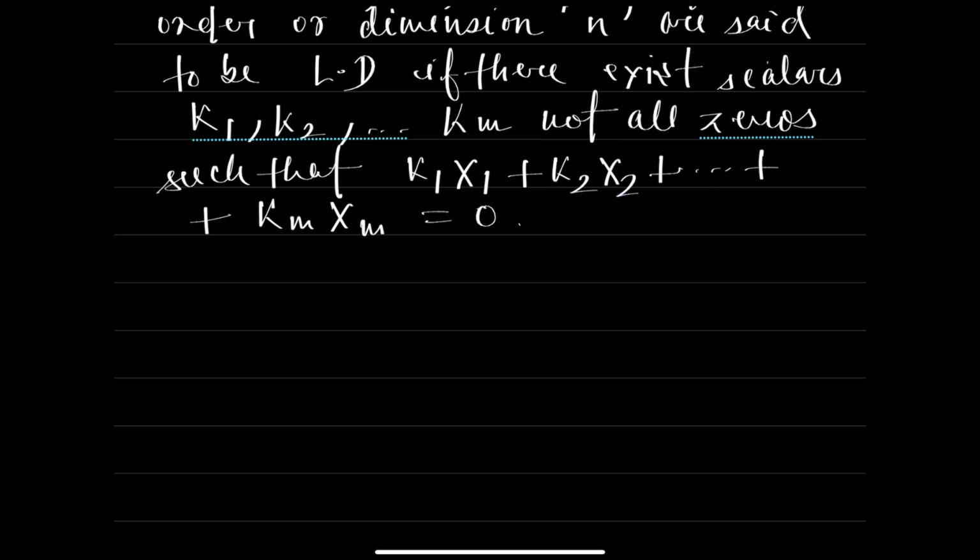In this problem, instead of k1, k2, km, they have given c1, c2 up to cn as the scalars.